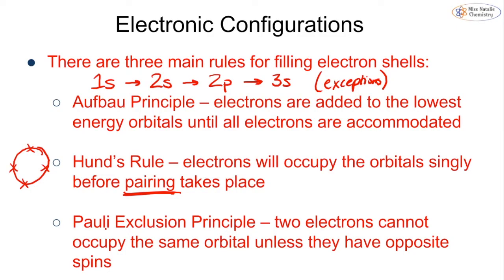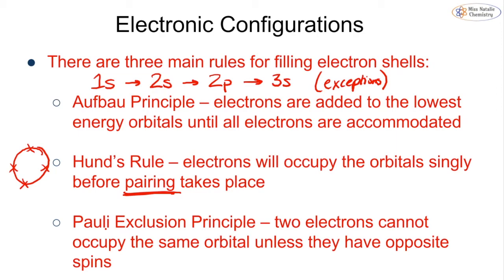And then the third and final rule is known as the Pauli exclusion principle. This says that 2 electrons cannot occupy the same orbital unless they have opposite spins. Now that sounds a little bit confusing, but it's actually much easier than it sounds.